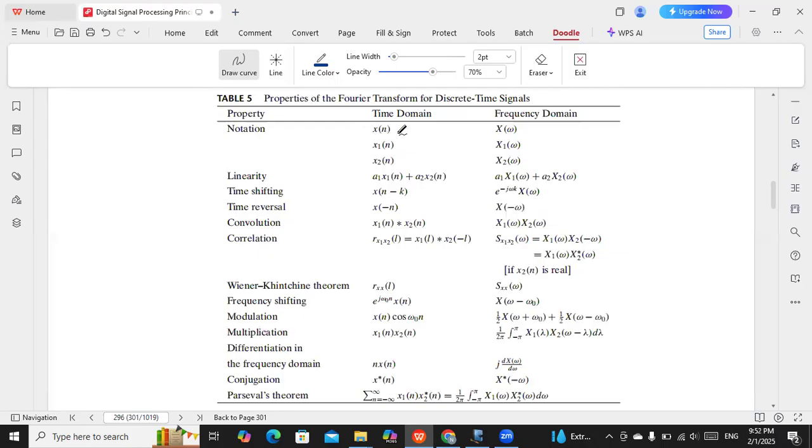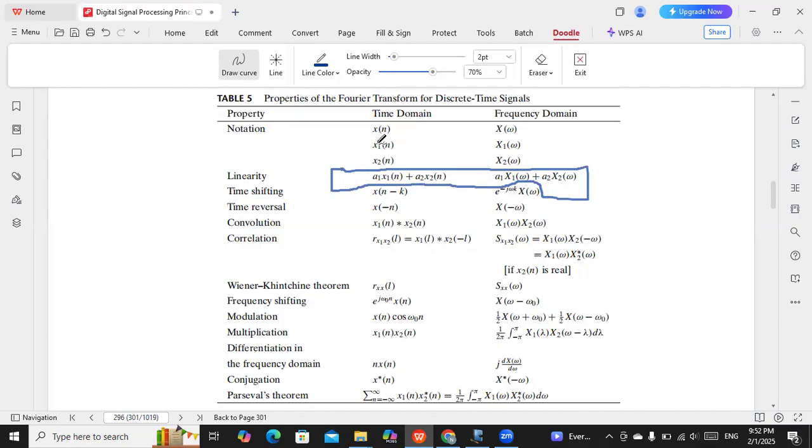If the signal is x[n], the Fourier transform will be X(omega). If x1[n], the Fourier transform will be capital X1(omega), x2[n], capital X2(omega). And this is the linearity property. I think you are familiar with this one, because in a linear time invariant system this kind of condition should also be satisfied.